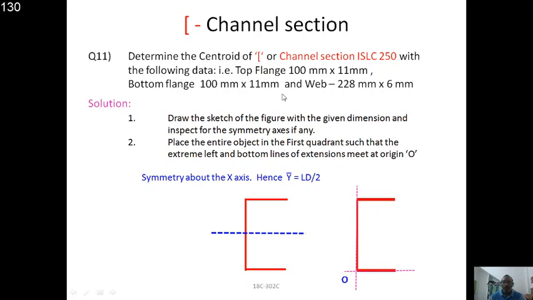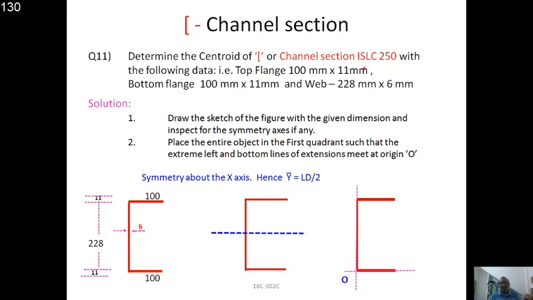That means both the top flange and bottom flange are the same. Web is 228 mm by 6 mm. Now how does it look? So these are the dimensions, right? The bottom is 100 by 11 and the top is also 100 by 11, and the web portion is 228 by 6 mm.